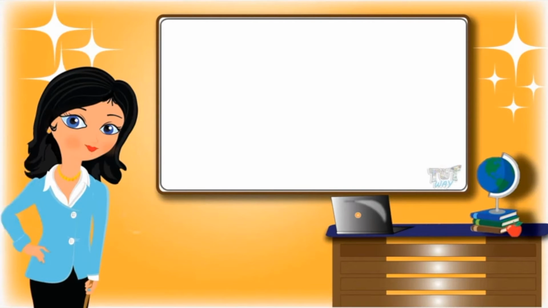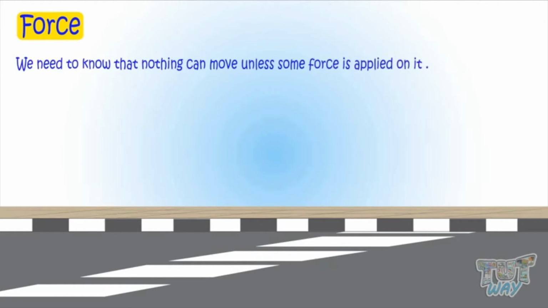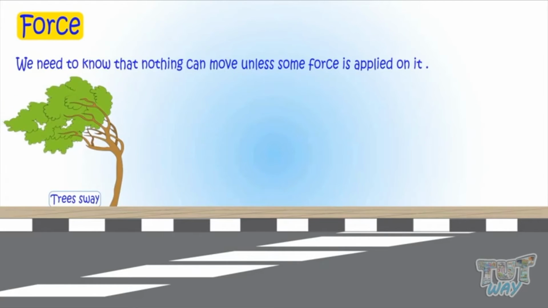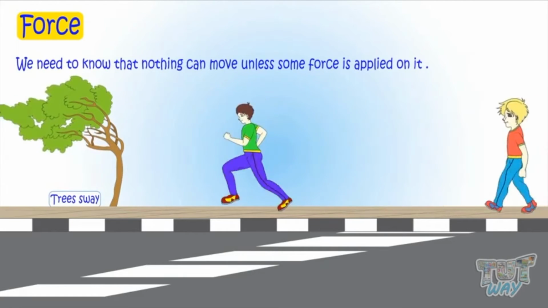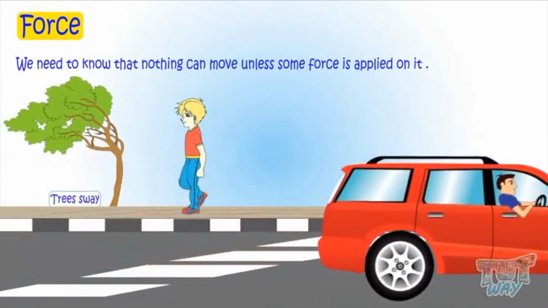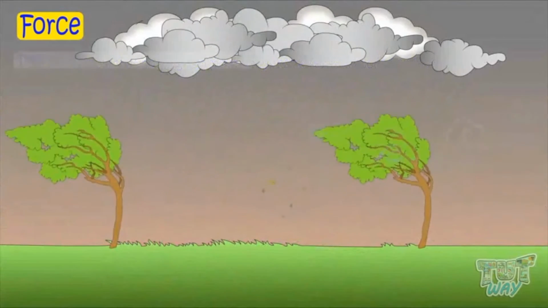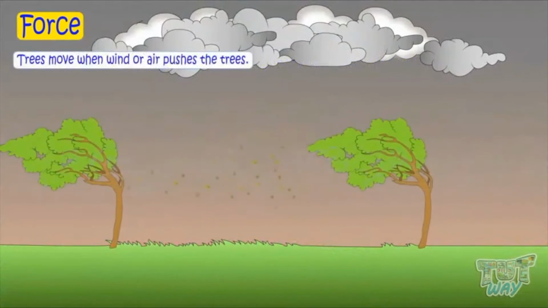Hi kids! Today we will learn about force. So let's get started. First of all, we need to know that nothing can move unless some force is applied on it. Trees sway. We run, walk, move any chair, or vehicles move only when some force is applied to them. The trees move when wind or air pushes the trees.